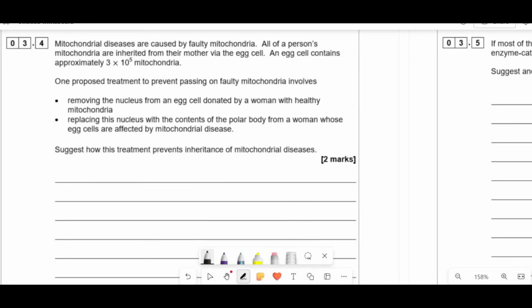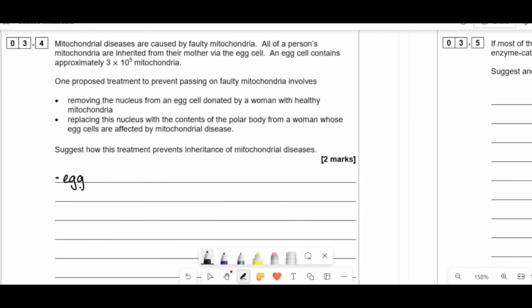So here, what we've got is we've taken our egg with a healthy, lovely nucleus out, and replaced it with everything else from the other affected one, minus the mitochondria. It's told you in the question that mitochondria are inherited from the mother. So if there's no faulty mitochondria left, then you're not going to inherit the mitochondrial disease.